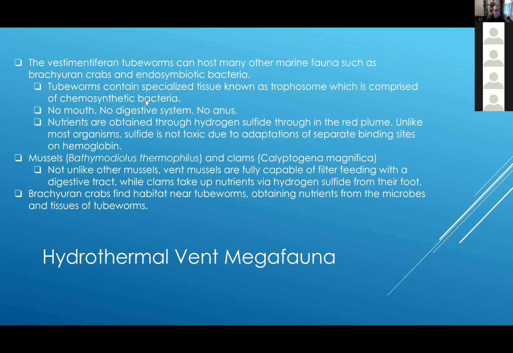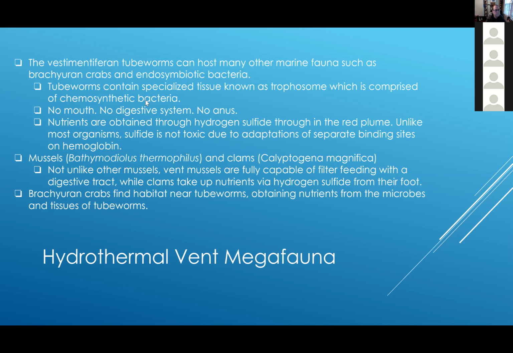There's a type of crab called the brachyuran crab, and it posts up near tube worm territory, and whenever the tube worms throw off some of the bacteria, it collects on the shell of the crab, and it has a special claw where it can scrape it up and consume the bacteria off of itself, which I thought was a cool thing.